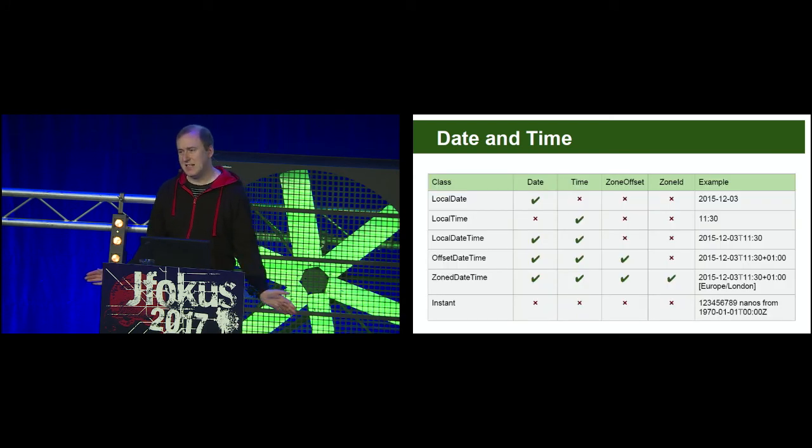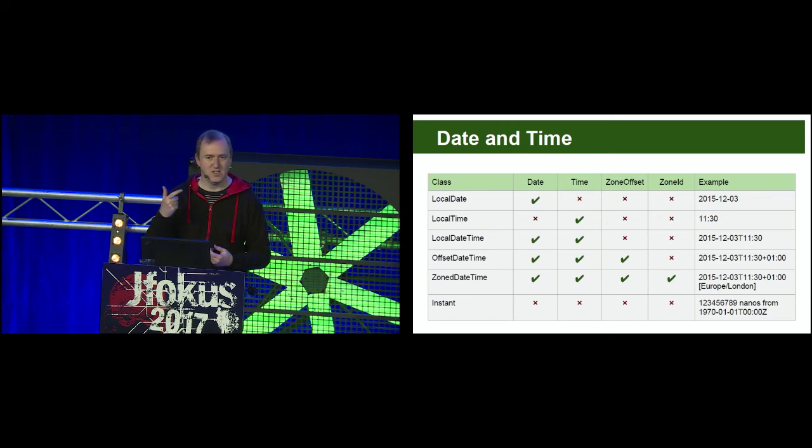So those are the main classes you're going to use. LocalDate, which is just the date on its own, for a birthday. LocalTime, when does my shop open today? Combine those two to get a LocalDateTime. OffsetDateTime ends in the offset. So here, in winter, in Stockholm, we're 1 hour ahead of Greenwich Mean Time, UTC.